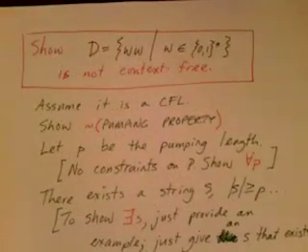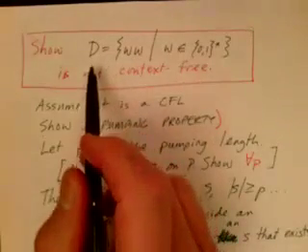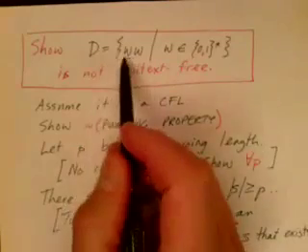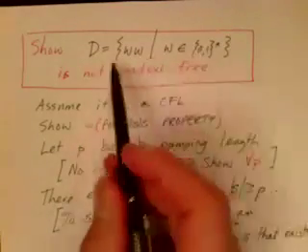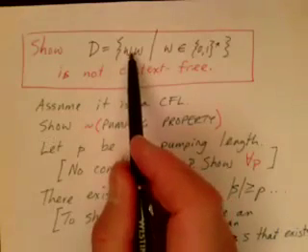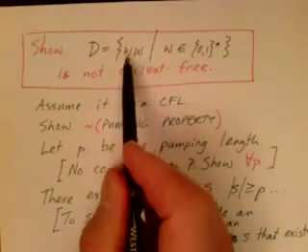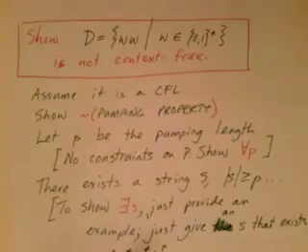Okay, now let's do a second example and show that this language, which we'll call D, is not context-free. D is the language of strings drawn from the alphabet of 0 and 1 that can be divided into two halves, where the first half is identical to the second half. Again, we're going to proceed logically the same way.